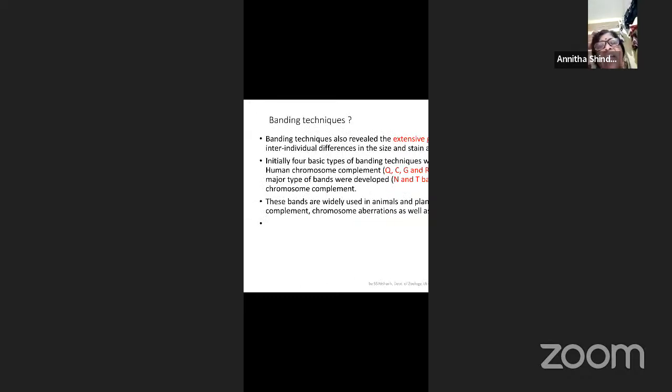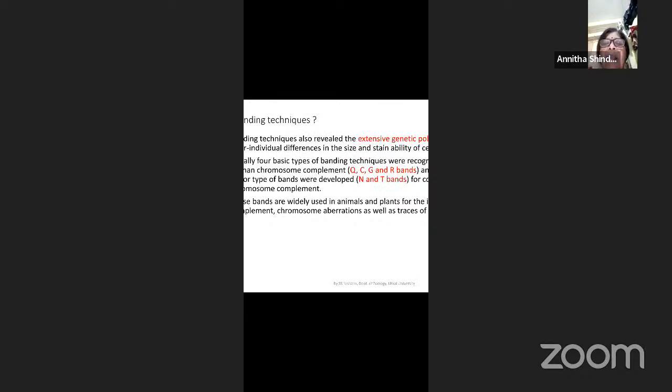I'll tell you what Q, C, G, R, N and T stand for. They are classified and named based on the type of stain we use. So initially only 4 bands, and later they added 2 more, N and T bands.